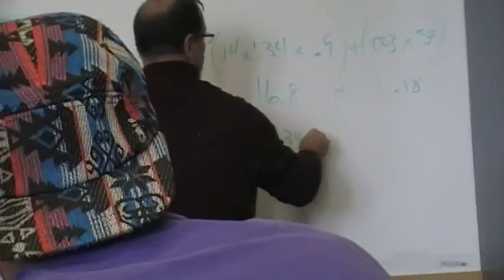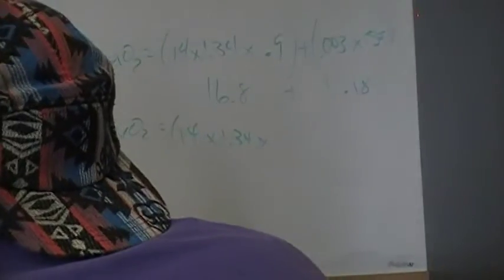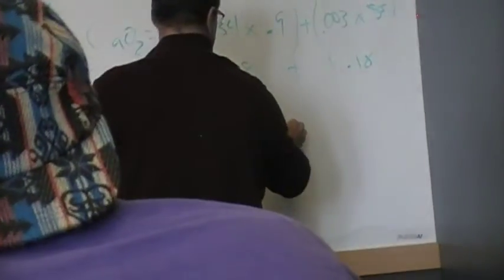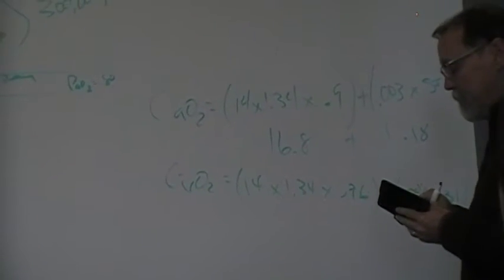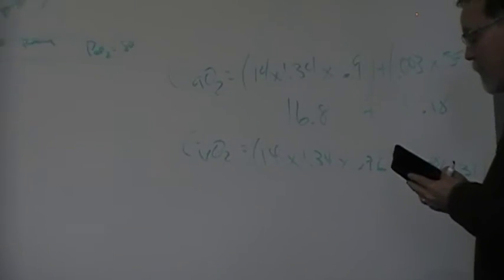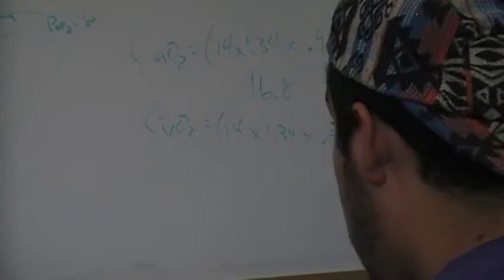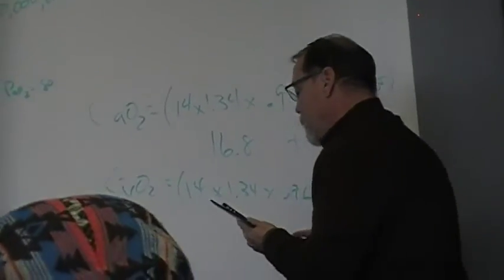So CvO2 is equal to hemoglobin times 1.34 times the mixed venous saturation, 76, 0.76, added to 0.003 times the PvO2, 31. 0.003 times 31 is 0.09. 14 times 1.34 times 0.76 is 14.25.